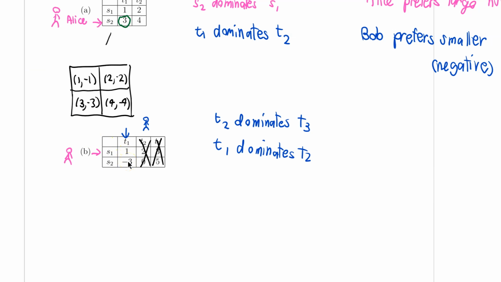That means Alice can now eliminate S2. So this game will end with Alice playing S1 and Bob playing T1, and Bob will have to pay Alice $1.